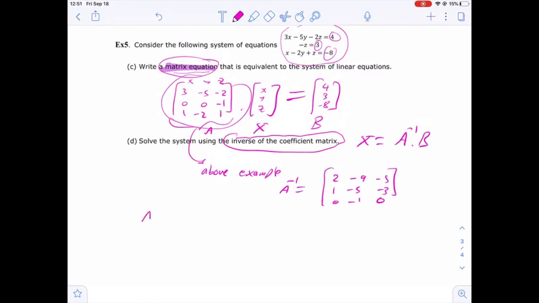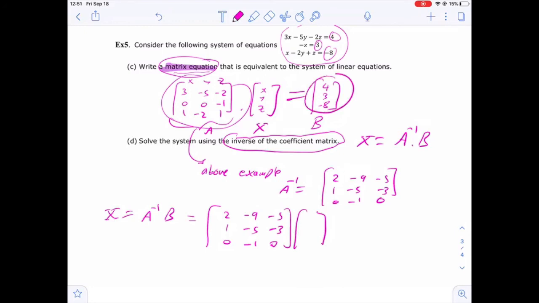So this is the inverse matrix. Then we multiply it by B, and that will give us the matrix of variables X. So we multiply this matrix by the matrix of constants B, which is 4, 3, and negative 8.